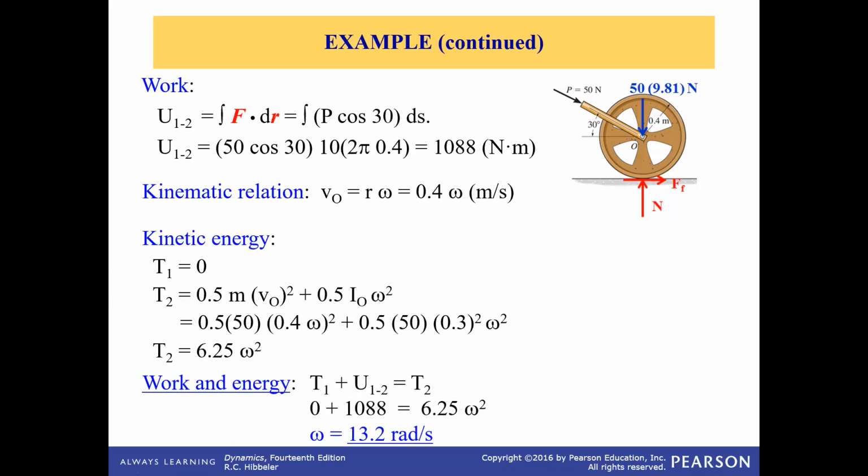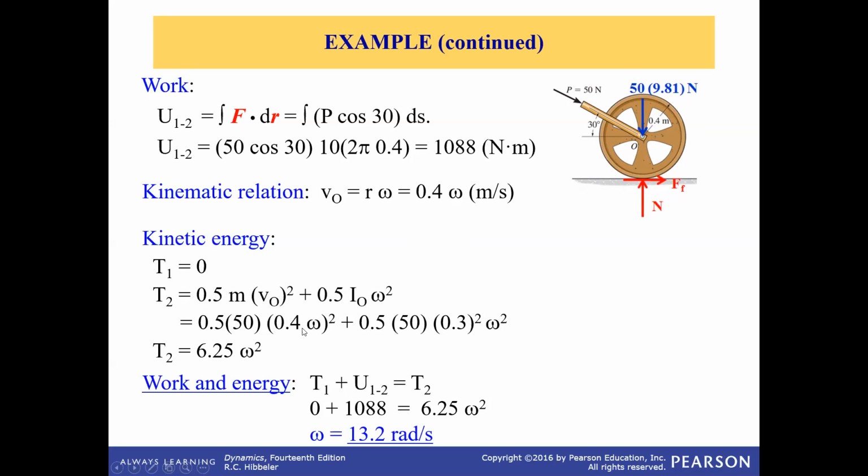Now, for the kinetic energy, initially the wheel is at rest, so T1 is equal to 0. For the final kinetic energy, this wheel is moving horizontally as well as rotating about the point O. So we should look at the kinetic energy in two parts. One is the center of gravity having translational motion, so 1/2 m vO squared, plus 1/2 IG omega squared, the rotational kinetic energy.